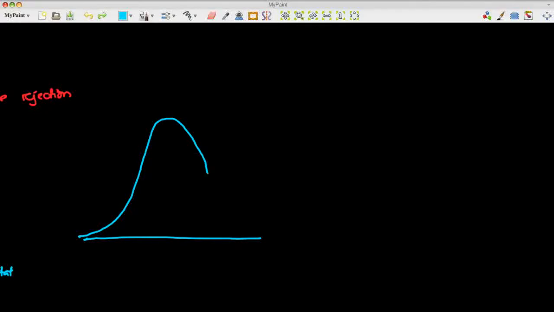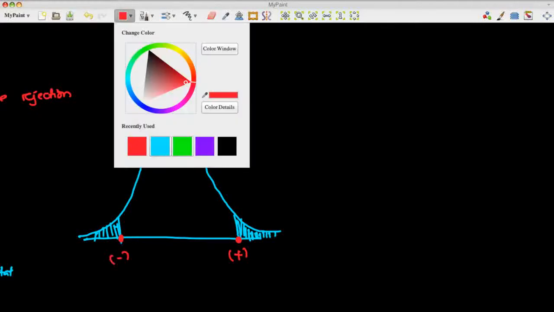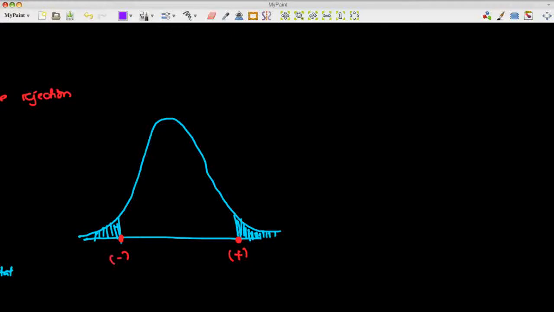I'm quite particular about my normal distribution, so my apologies if I redraw something twice. So I have a rejection region on the left hand side, rejection region on the right hand side. Critical value on the right, critical value on the left, and hypothetically, let's say my test statistic fell over there. So in this case, I would reject the null.